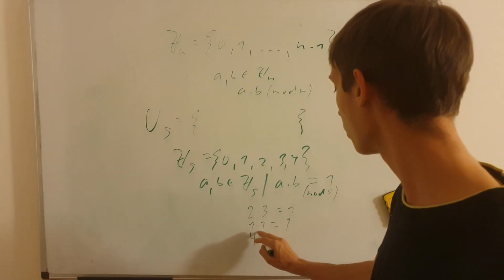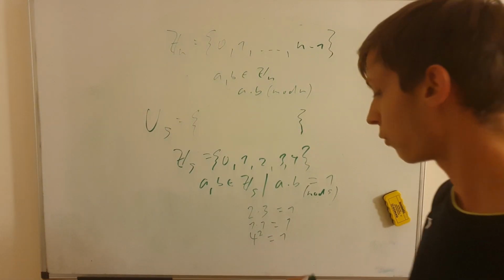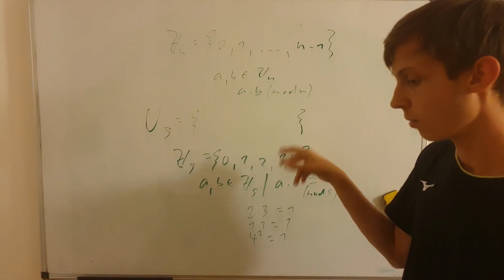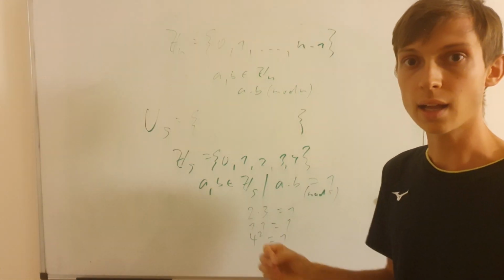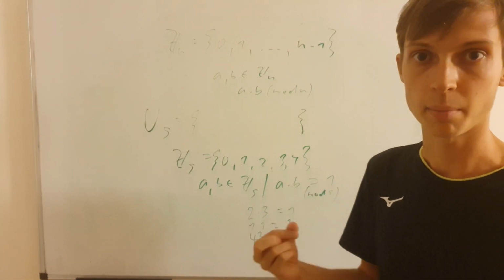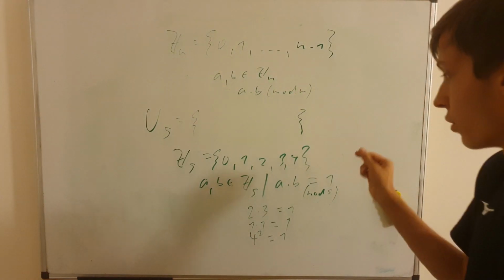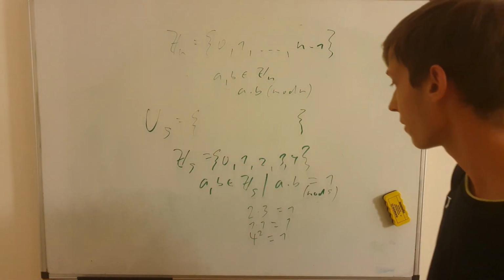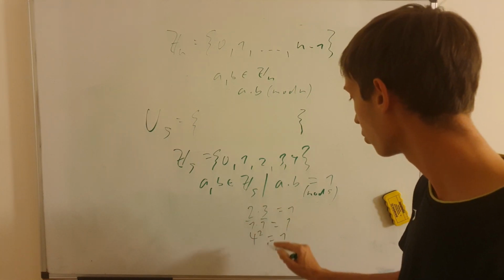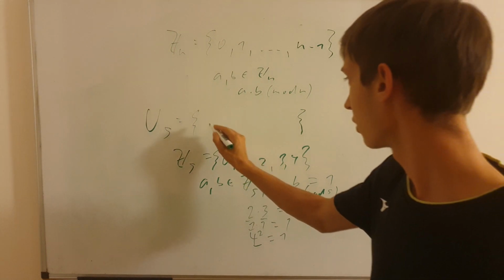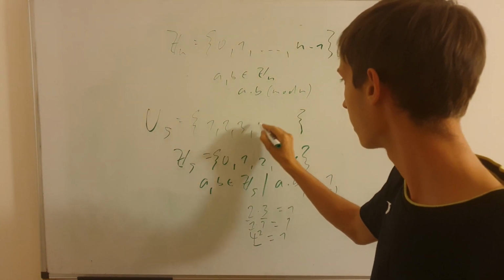So here what we're doing is we're looking for operations on these elements, multiplication, such that the remainder is 1 after dividing by, in this case, 5. So group of units 5 is these numbers that led to the result 1 after the modular arithmetic application. So it was all the 1, 2, 3, 4.